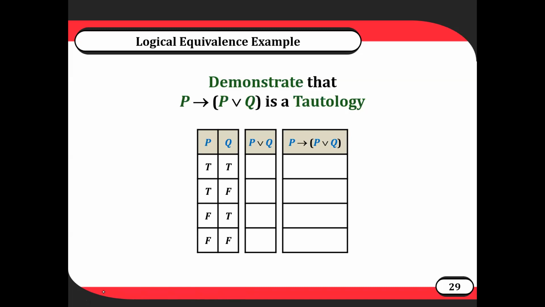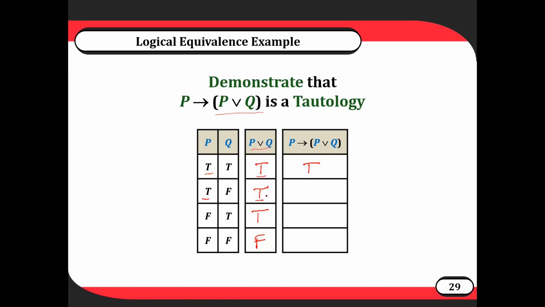So we'll demonstrate that P implies P or Q is a tautology. Again, we have our truth table, and we break it down into our sub-expressions, so P or Q. It's true as long as at least one of P or Q is true and false otherwise. And then P implies P or Q. If P is true and P or Q is true, then this is true.